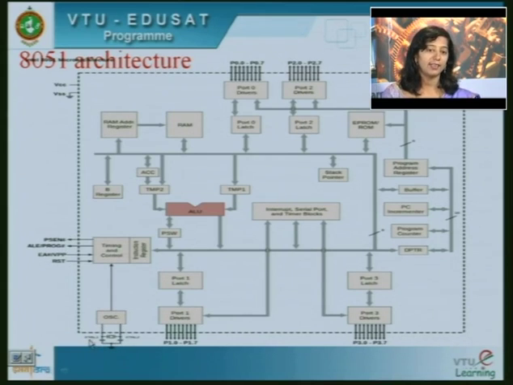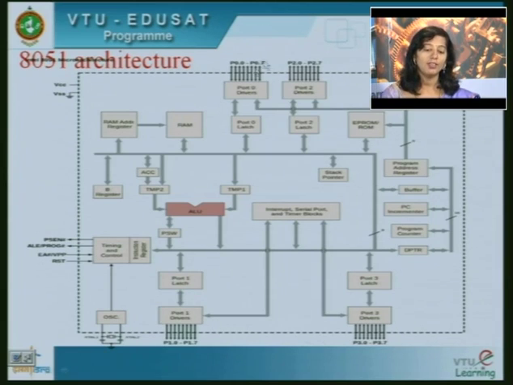Then I have the 4 IO ports that we mentioned, port 1, port 3, port 0 and port 2. So you can see they are all 8-bit wires connected to all these ports. Port 0 has 8 bits, port 2 here has 8 bits, then port 1 and port 3 again 8 bits.